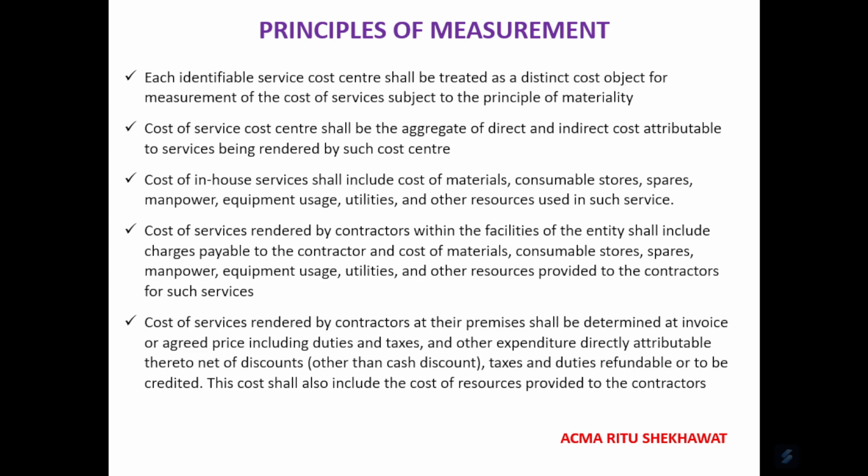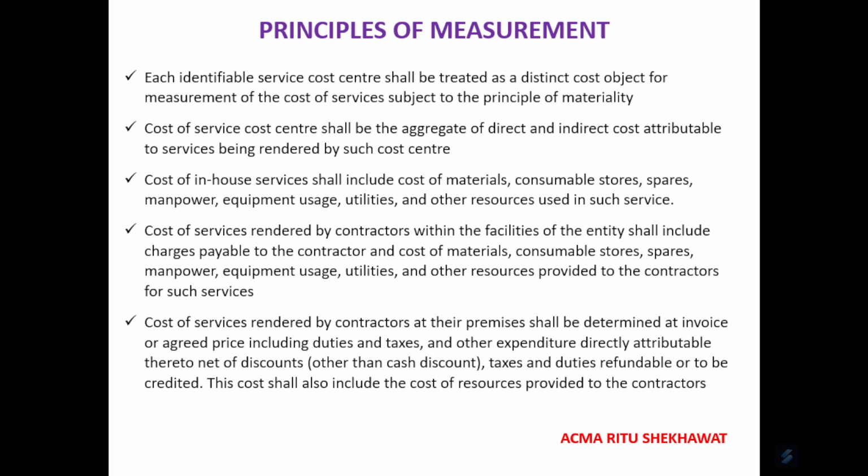If the service is rendered by an outside contractor but within our own company premises, then definitely he is going to charge for the direct labor, plus the cost of material, consumables, store space, extra manpower, overtime, salaried employees, equipment usage, utility and other resources.